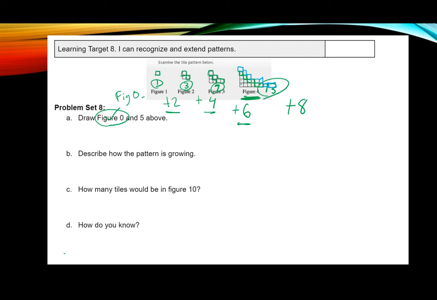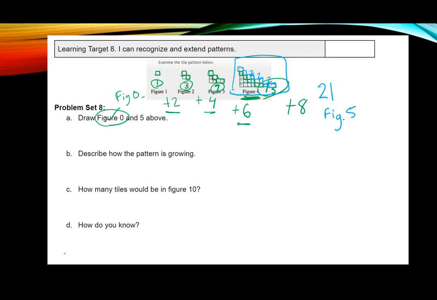Let's see, how many is this? 1, 2, 3, 4, 5, 6, 7, 8, 9, 10, 11, 12, 13, 14, 15, 16, 17, 18, 19, 20. Let's see, there's one more here. There we go. So we've got two more here, two more here, two more here. That seems like that's where the 2 is coming from each time. And so we're going to have 21 for figure 5.